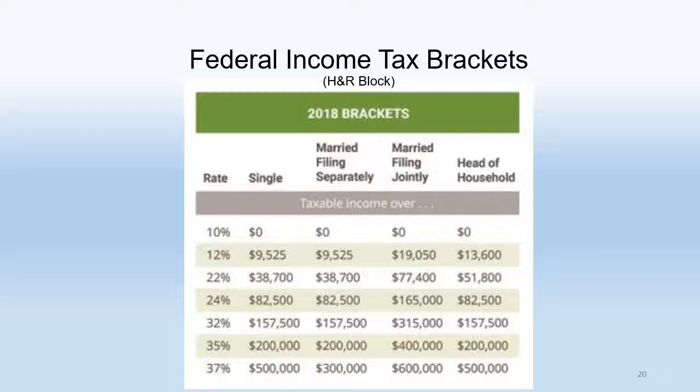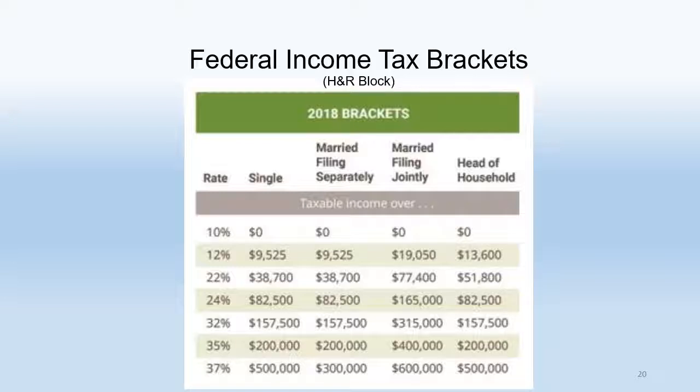And so these graduated tax brackets actually are a progressive tax, and they're in these marginal brackets because this is designed to provide some sort of equity. Therefore, people at lower incomes pay a lower percent of tax. People in higher brackets are paying a higher percent on that marginal income that is in those brackets.